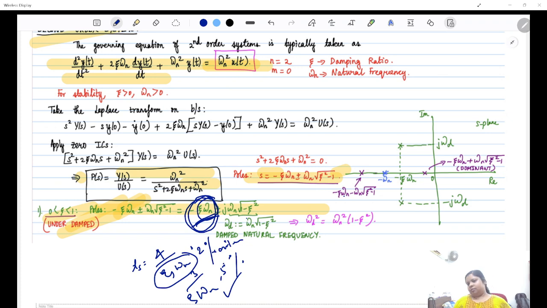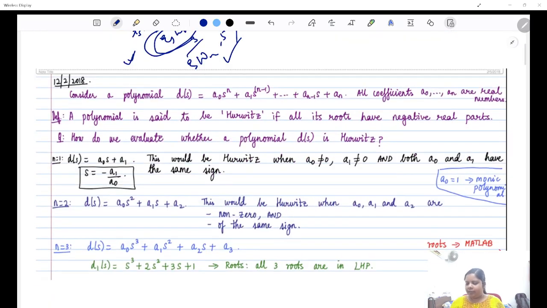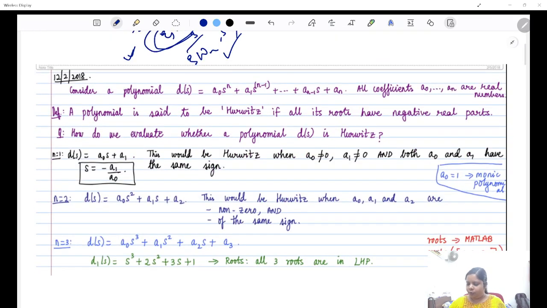How far or close you are from the imaginary axis, how your poles are located, is going to have an impact on the settling time. We'll have questions on this also, but this is one of the things you have to keep in mind. Okay, let's start with what we are going to do today.